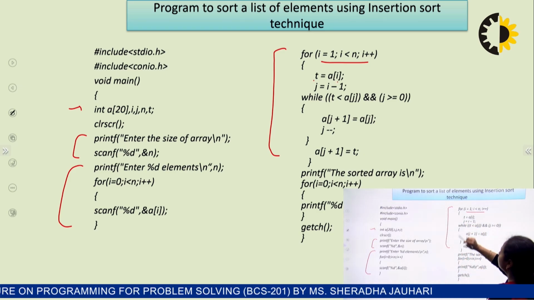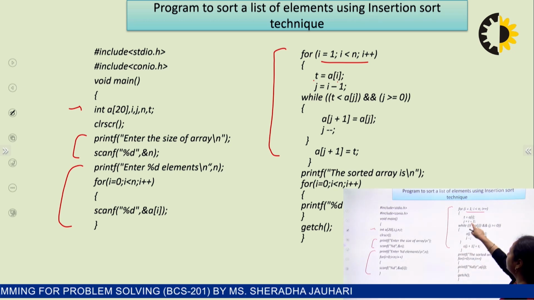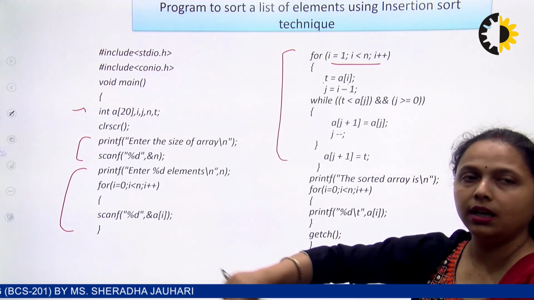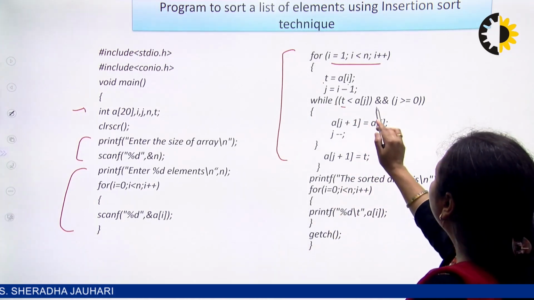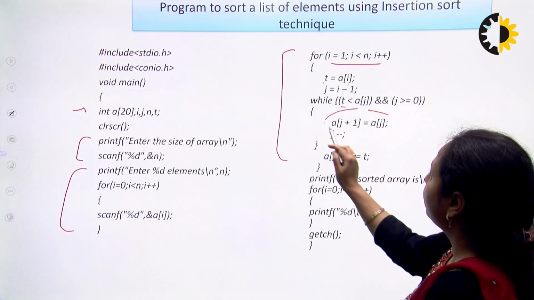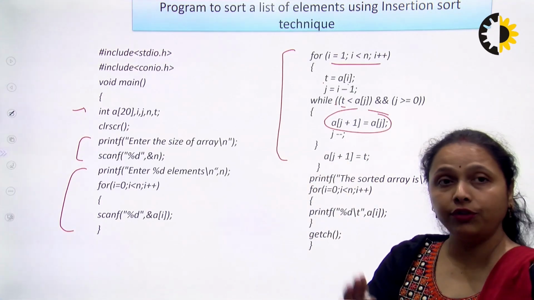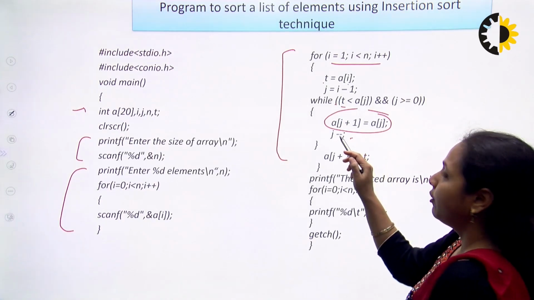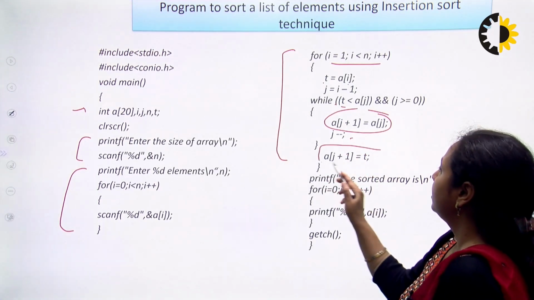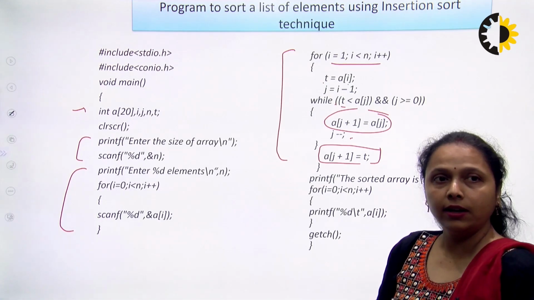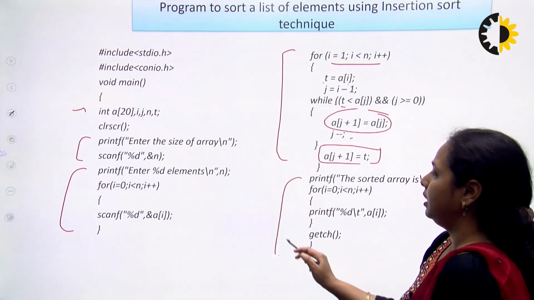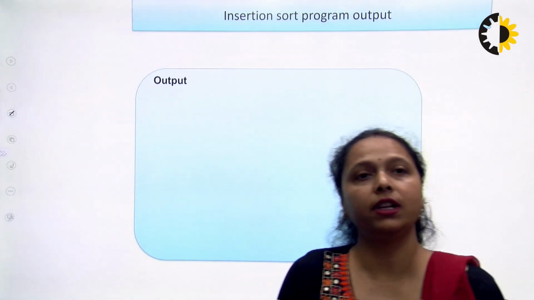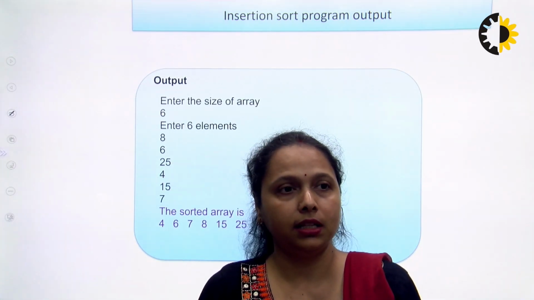Next t is equal to a[i], we are assuming it is the key element, that is the second position. After that we are reducing j, then comparing the values, and shifting the elements one place ahead and updating j. After getting the correct place, we just insert the data, and after that we print the list. So in this way we will get the output, that is this.